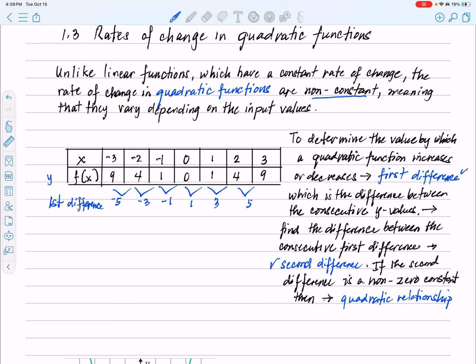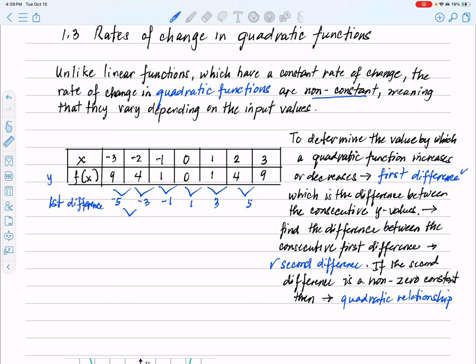In the first difference, what can we say about these values? Let's find out. Let's do the second difference this time.